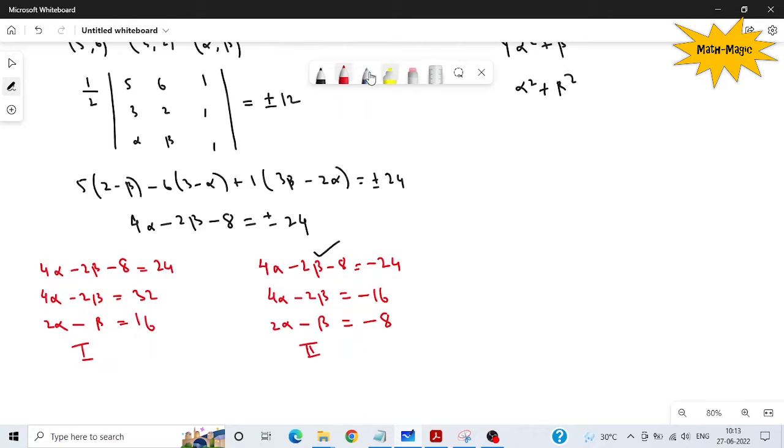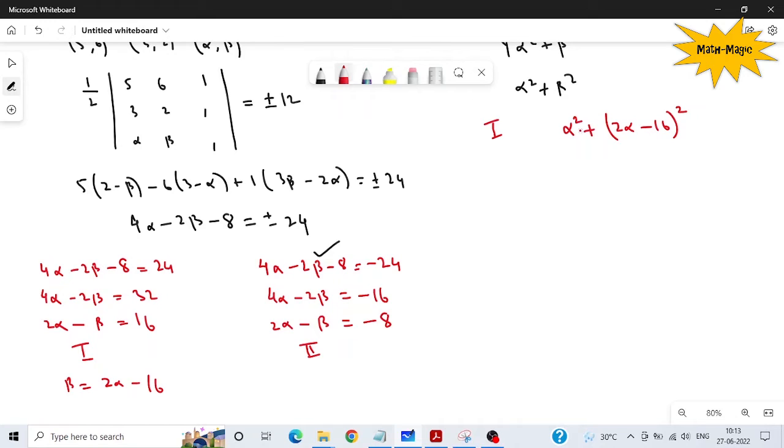We start with case 1. We have to find the minimum value of alpha square plus beta square. From case 1, the value of beta is 2 alpha minus 16. So we get alpha square plus (2 alpha minus 16) whole square.